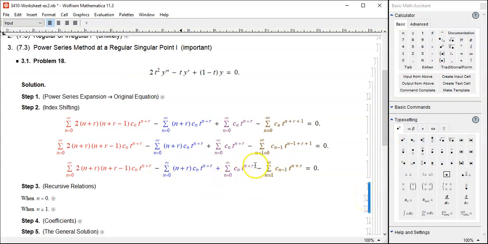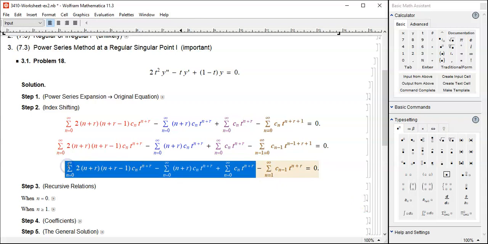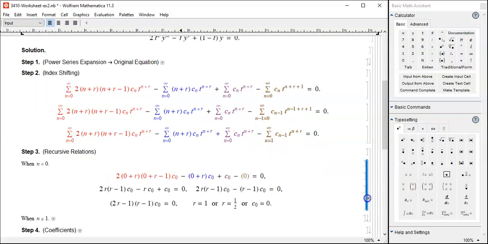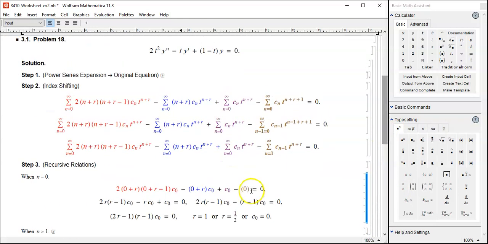Now, these three series begin from n equals 0, but not this one. So when n equals 0, the contribution from this brown series is not there. Therefore, we get this expression here. This part, which I'm highlighting in bold brown, contributes nothing here. n begins from 1.